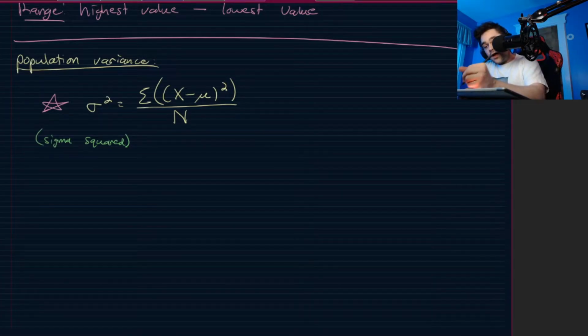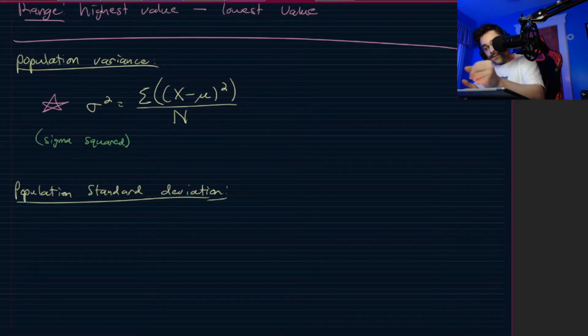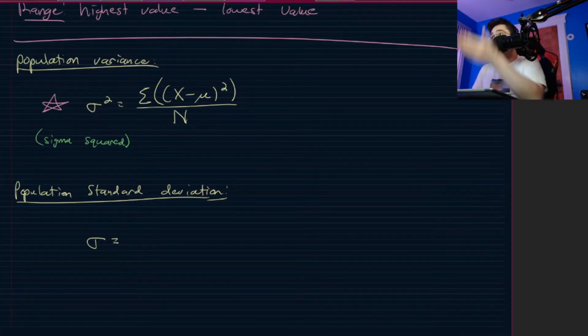And then we've also got what's called the standard deviation, which is just sigma. So, right here, population standard deviation. So this is just sigma. And if sigma squared is that thing, then sigma is just, you take the square root of each side, essentially, right?